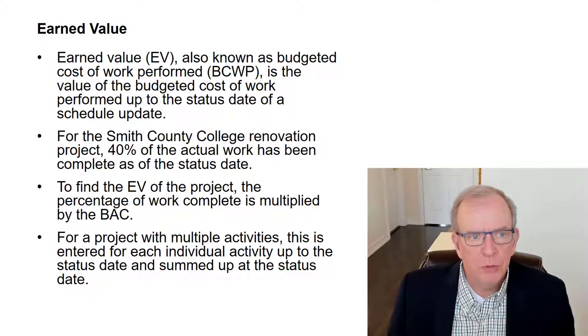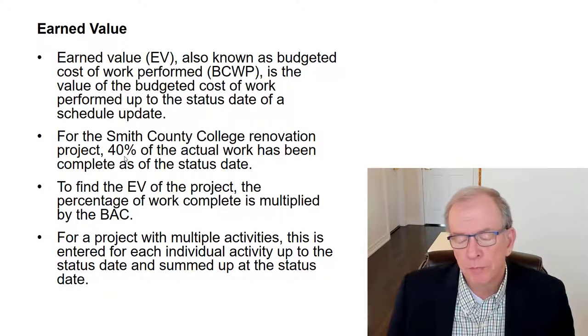Earned value, EV, also known as budgeted cost of work performed, is the value of the budgeted cost of work performed up to the status date. So in the Smith County College, at the status date, we performed 40% of the actual work. Now, we were supposed to perform 50% according to the original plan.